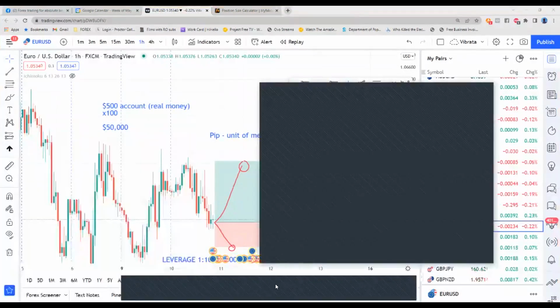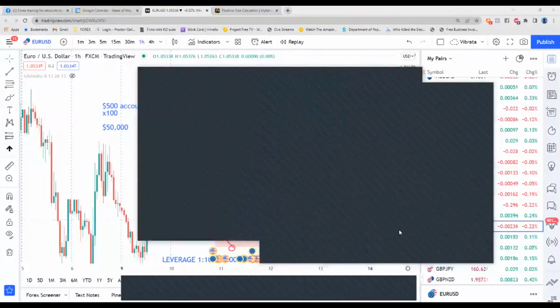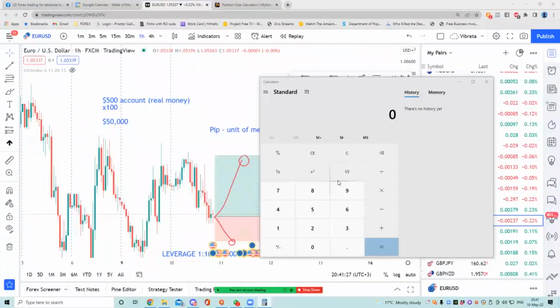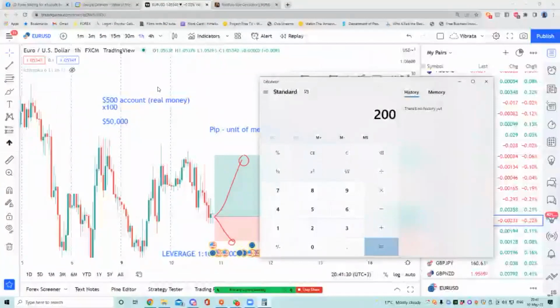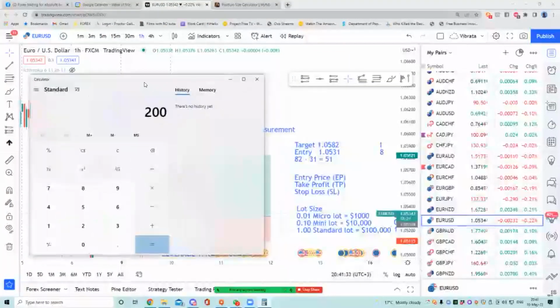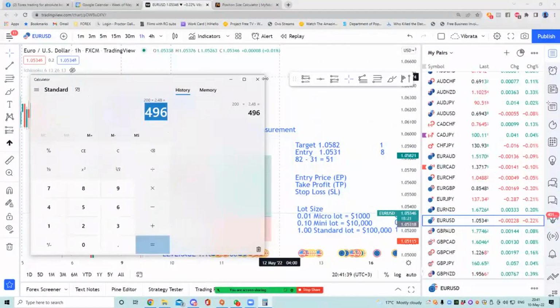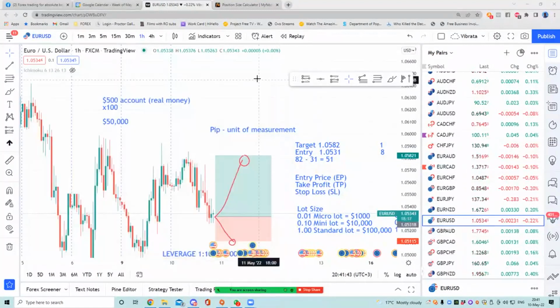Let me make sure I'm sharing my whole screen. But remember that my risk to reward ratio is 2.48. So I stand to make almost $500 if I had a $10,000 account.